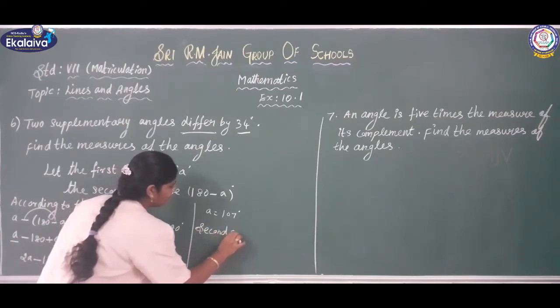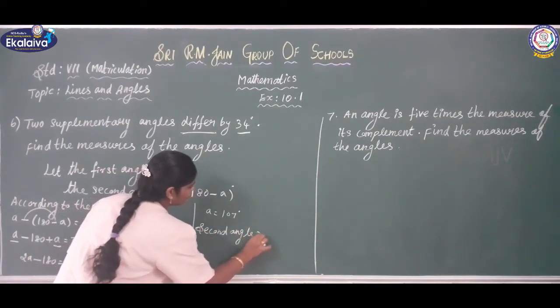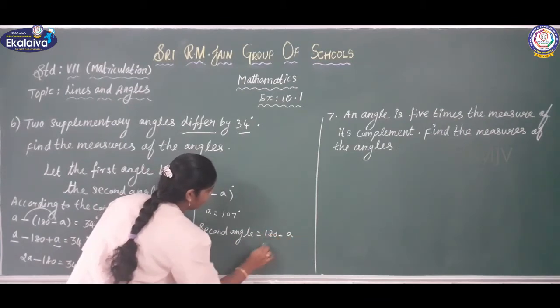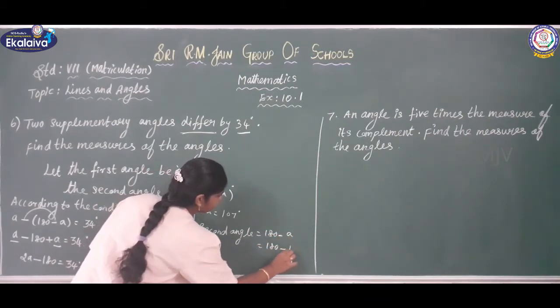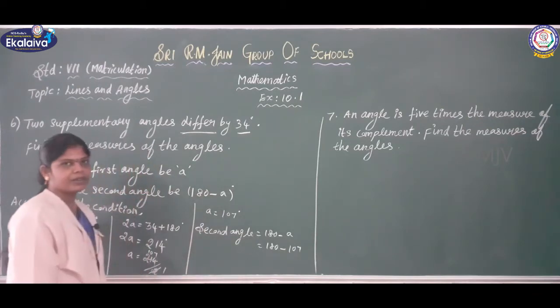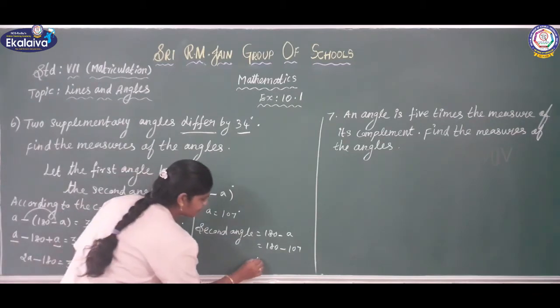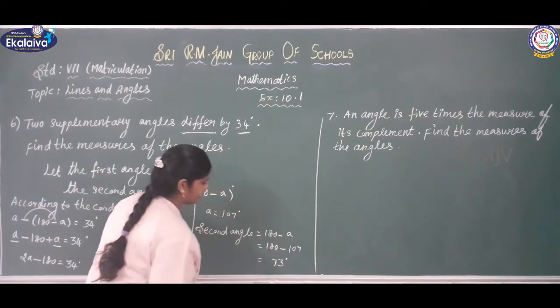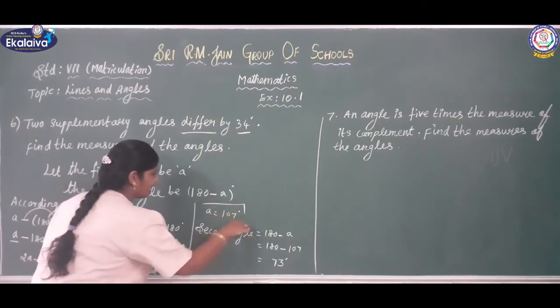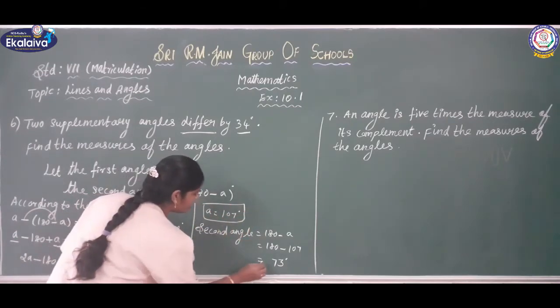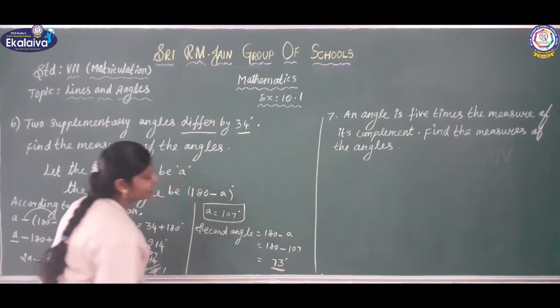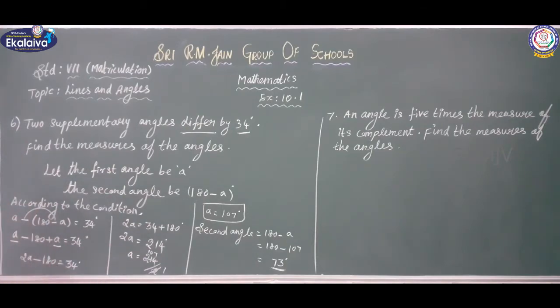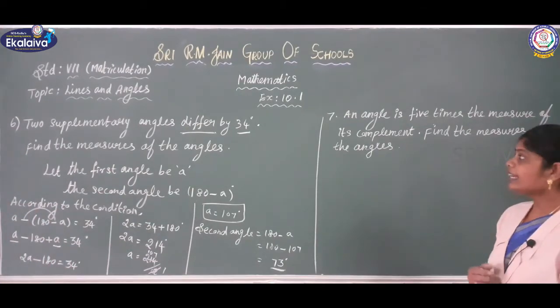Second angle equal to 180 minus A. So 180 minus 107. Okay, so now subtract this. 10 minus 7, 3, 7, 1 minus 1, 0. So 73 degree. Okay, the first angle is 107 degree. The second angle is 73 degree. Is it clear, children? See the next one.